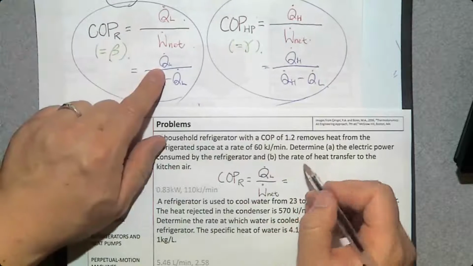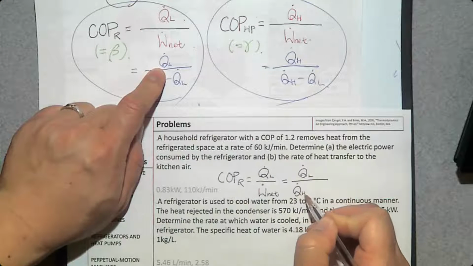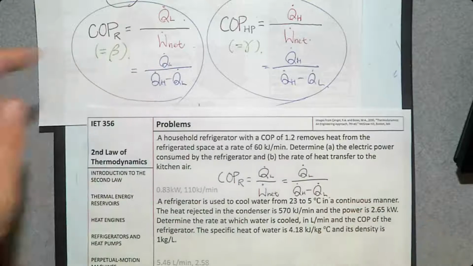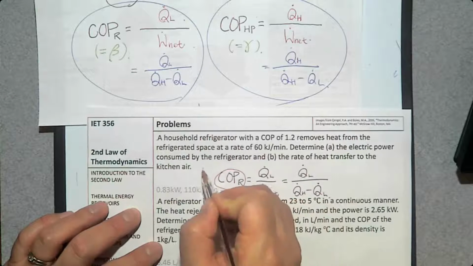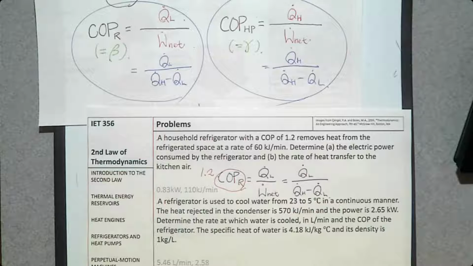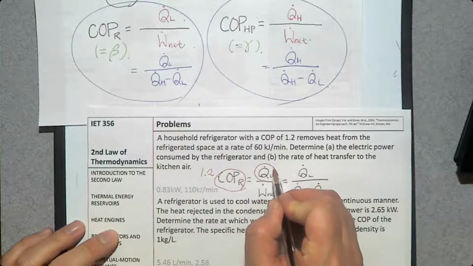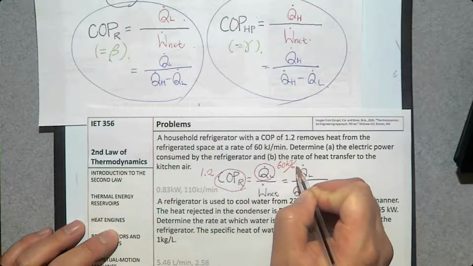We have one more equation, Q dot F over Q dot H minus Q dot F. In this equation, we know COP, that is 1.2. Then, what is the rate of heat transfer from the refrigerated space? That is Q dot F. So this one is 60 kilojoule per minute.